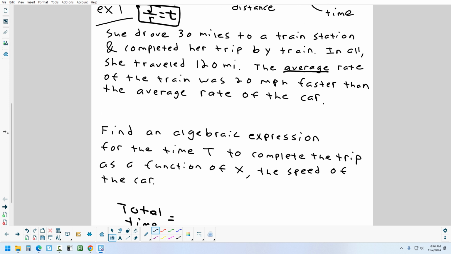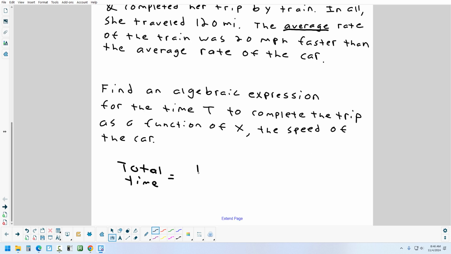Now, is the time she spends driving the car the whole trip? No, there's another part to the trip. So we have to figure out the time that she's in the car. And what else do we have to figure out besides the time in the car?